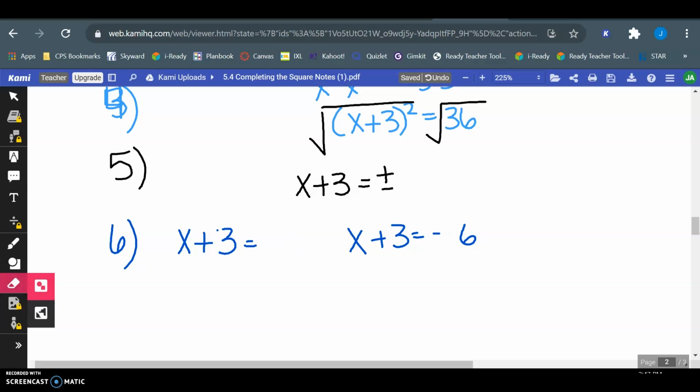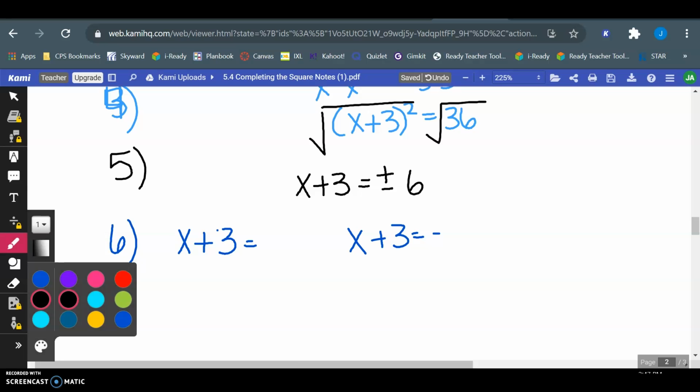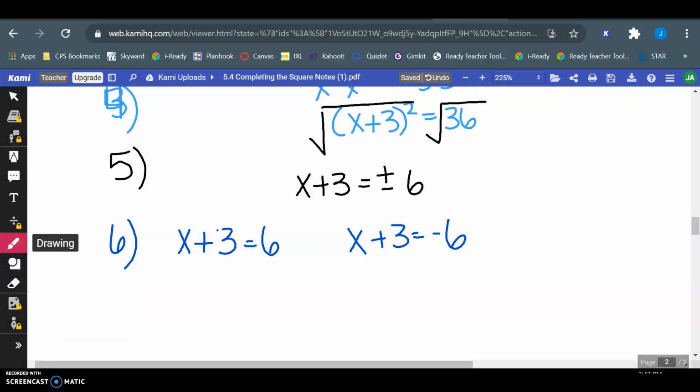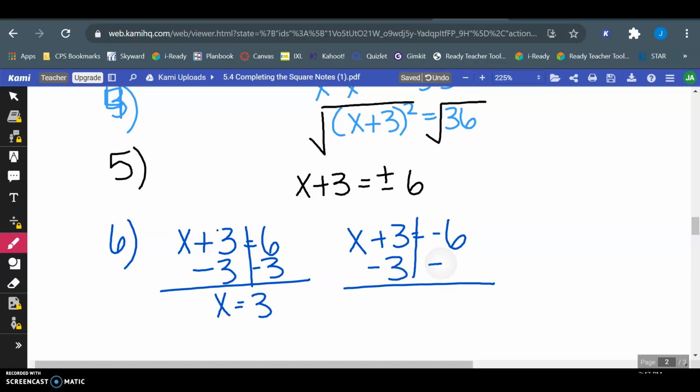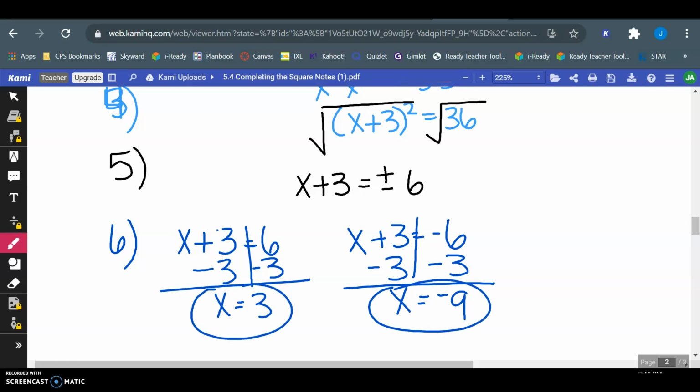So let's go back and actually take the square root of 36 and put 6 there. And now let's solve these by subtracting 3 from both sides. So x equals 6 minus 3, which is 3. Minus 3 from both sides, x equals negative 9. So those are our 2 answers for this problem.